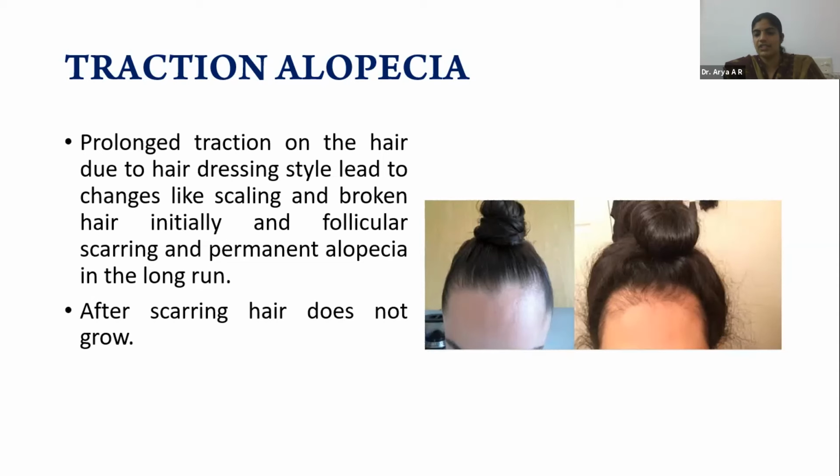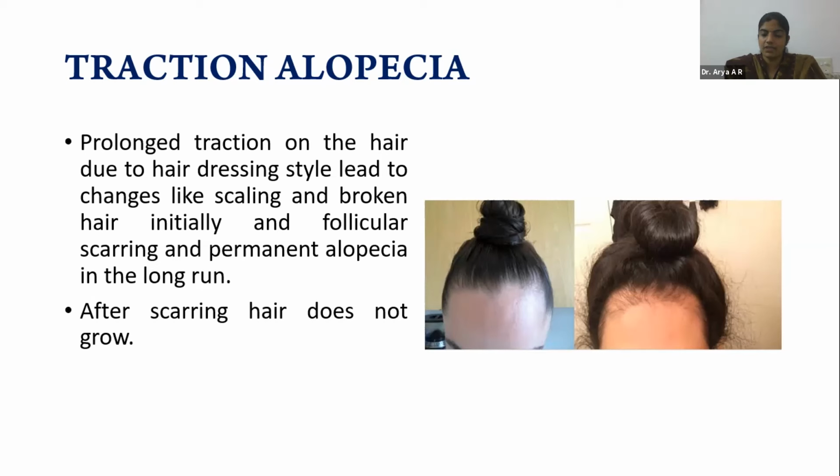You could see in the first picture on the right side, she was having hair follicles on her frontal hairline. But due to the continuous hairstyle pattern, because of the stress and strain she is giving to the hair follicle, her frontal hairline has receded back and led to traction alopecia.